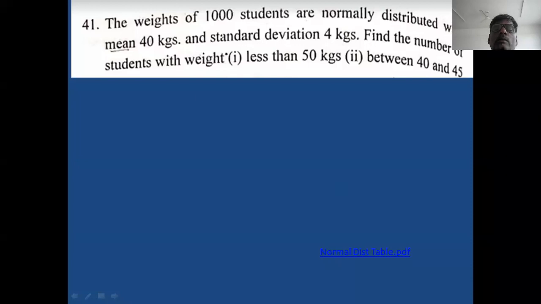You see this example. The weights of 1000 students are normally distributed with mean 40. 1000 students are there, and the mean weight is given, the average is 40.